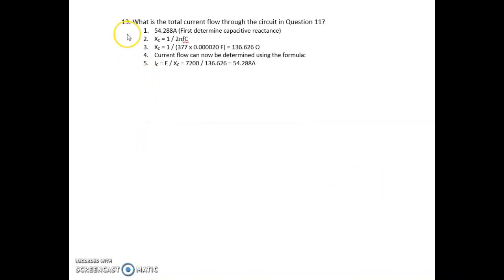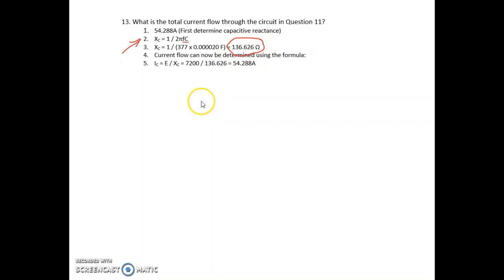So number 13 is asking what the current flow is through that previous question. So first we need to determine capacitive reactance. That's the current limiting effect, and we know that formula that's given here again. If we do the math by using the values that were given in the previous question, we get a capacitive reactance of 136.6 ohms.